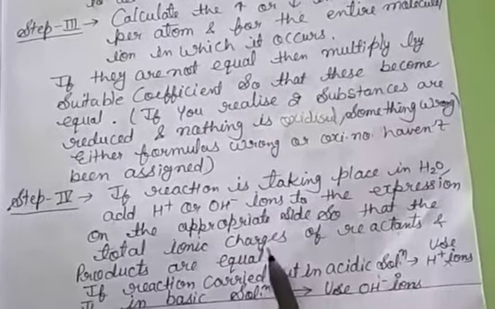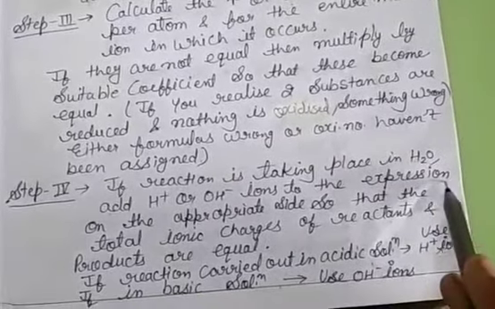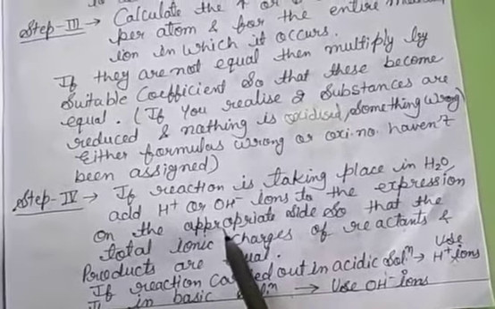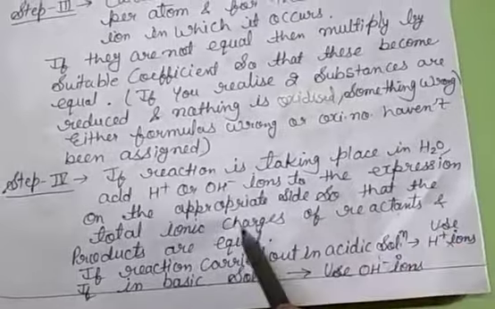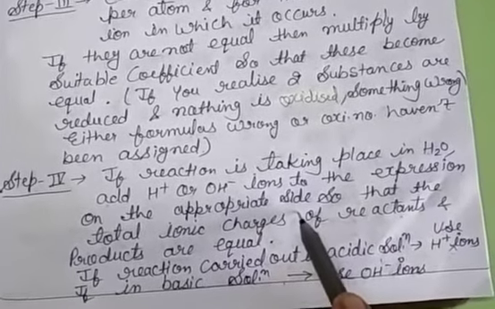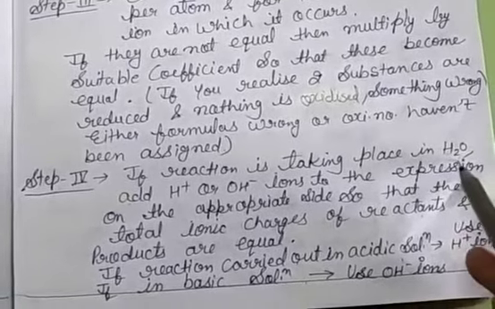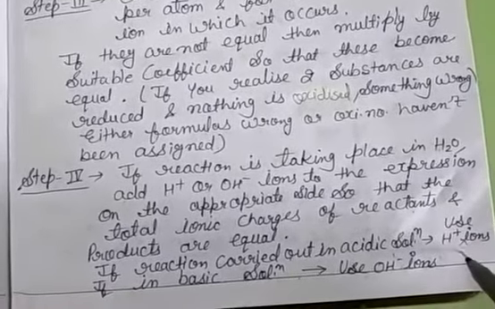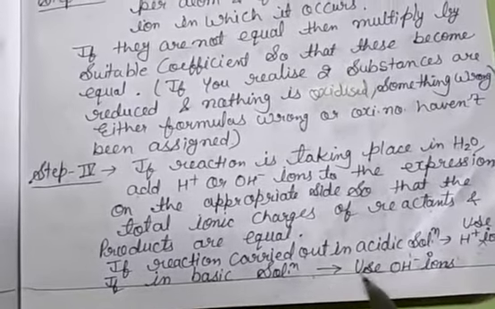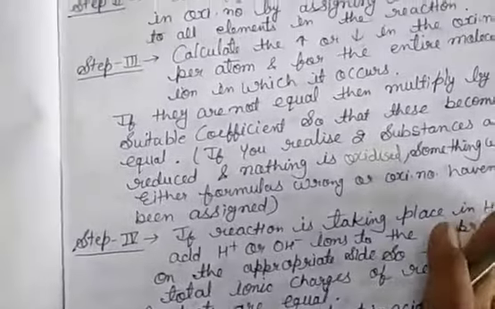Then step fourth, if the reaction is taking place in water, add H plus ion or OH minus ion to the expression on the appropriate side. Because if the reaction is carried out in acidic solution, for balancing we have to add H plus ion. If in basic solution, we have to use OH minus ion.